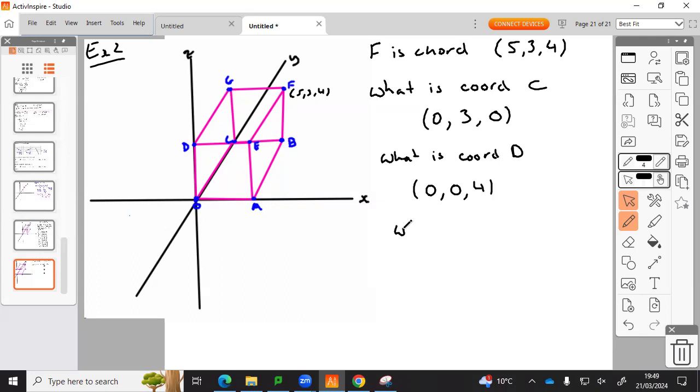Coordinate B. Coordinate B is right underneath F. It's on the bottom face, so on the Z I've gone no distance. Bottom face Z is 0. But B along the x-axis must have gone the same distance as F. So that's 5.